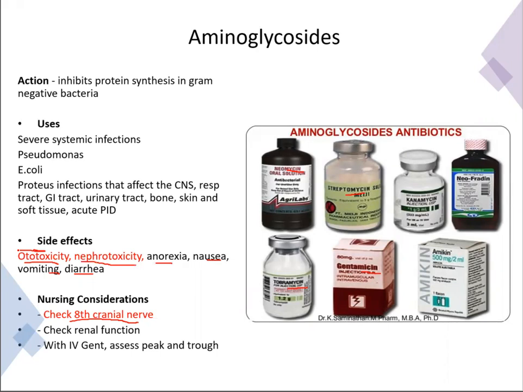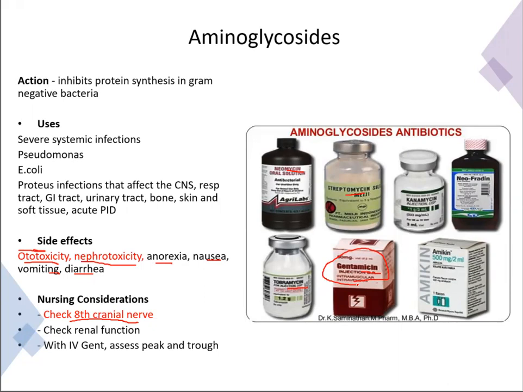Encourage the clients to take fluids, and with IV gentamicin, you want to assess peak and trough levels. Remember that peak level is drawn 45 to 60 minutes after administration of the antibiotics, while trough is drawn immediately prior to the next dose.